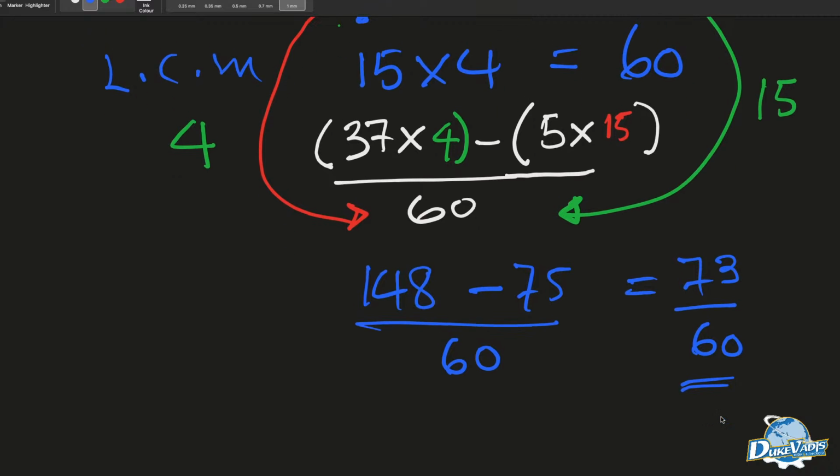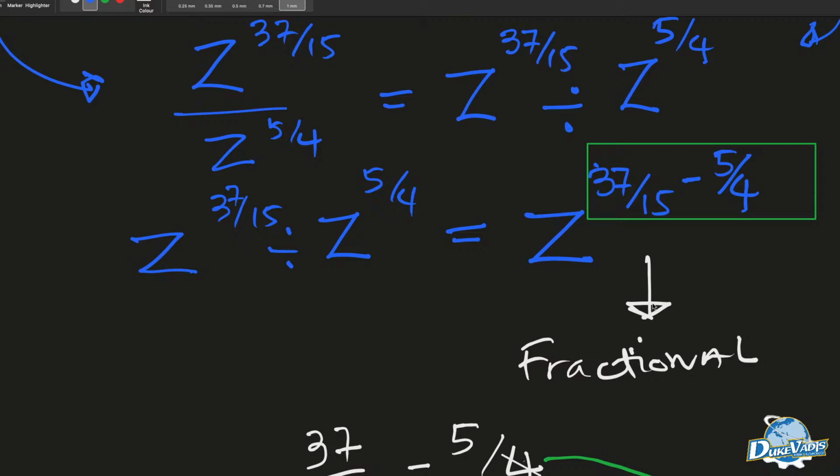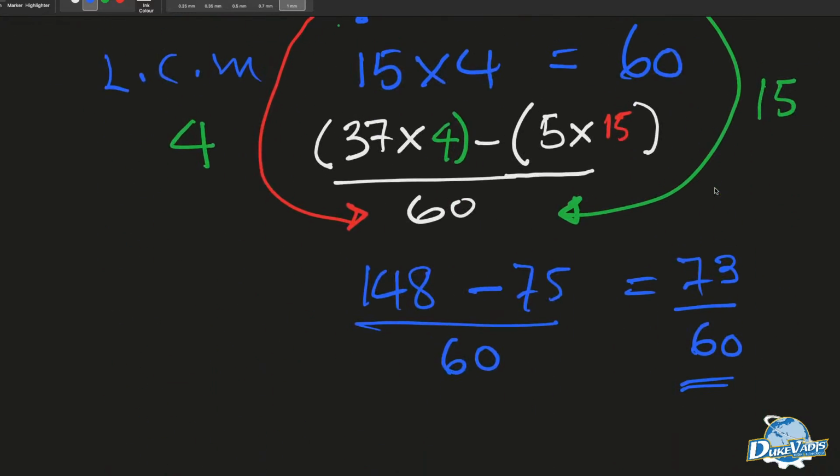So now we know that the question has been solved. But bear in mind that before we came to this place, we were trying to compute the fraction 37 over 15 minus 5 over 4. So if we have z, which is 37 over 15 minus 5 over 4, our answer is z raised to the power 73 over 60.